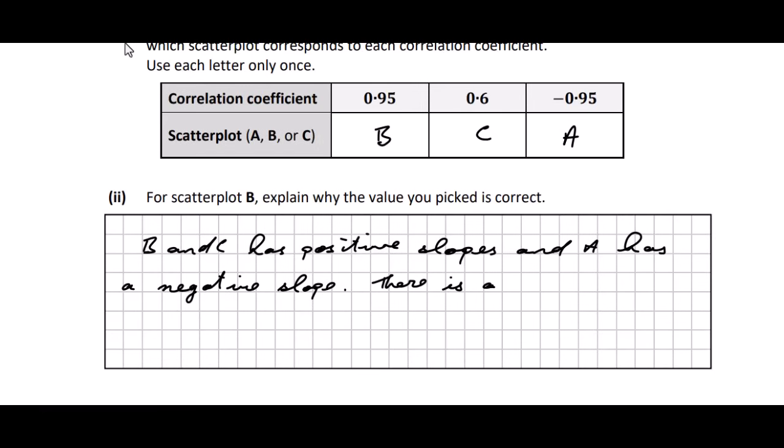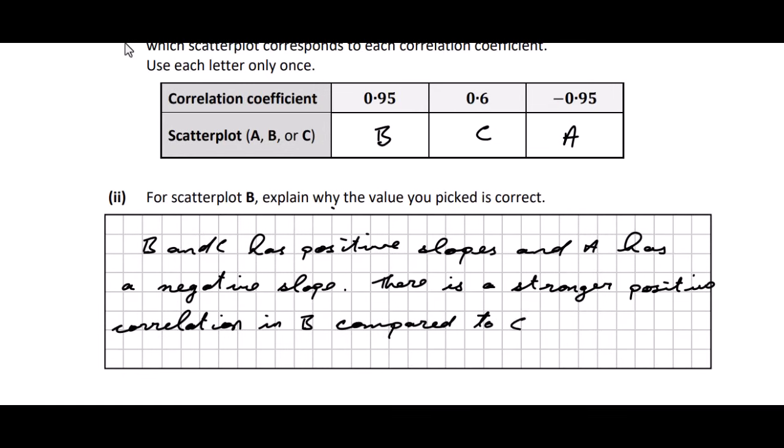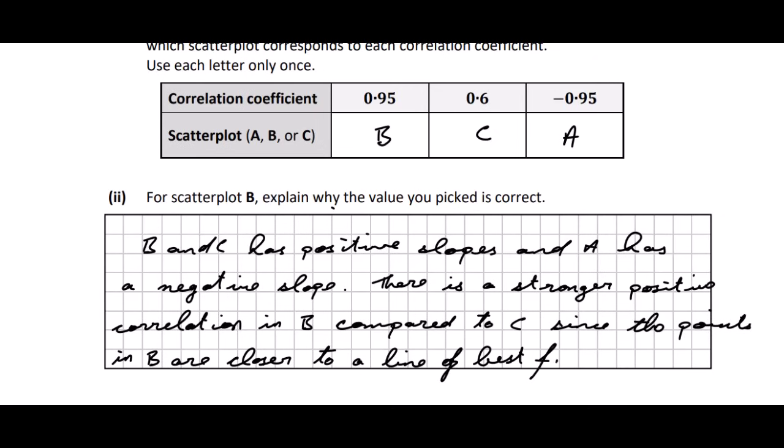There is a stronger positive correlation in B compared to C, since the points are closer to a line of best fit compared with C.